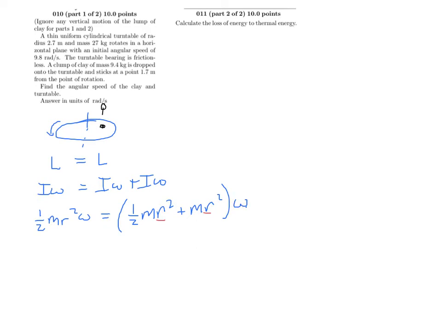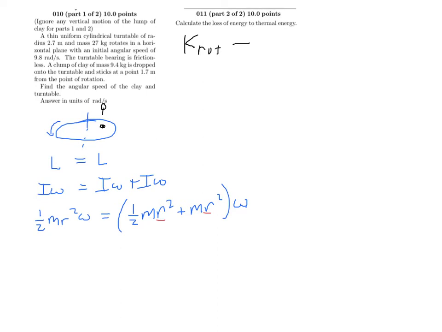Now we get a little trickier problem, and it says calculate the loss of energy to thermal energy. Well, that's strange. How would I solve that? Well, we know that in a sticky collision, which this one is, this clay sticks to the turntable, we know that energy is not conserved. So what we're going to do is take our kinetic energy beforehand, which is all going to be rotational, and that's going to have more energy than afterwards.